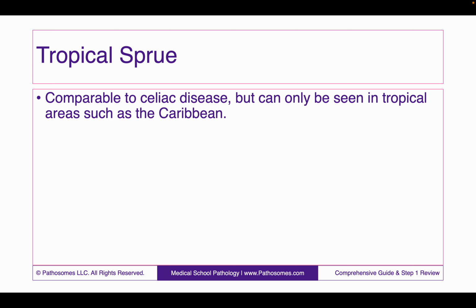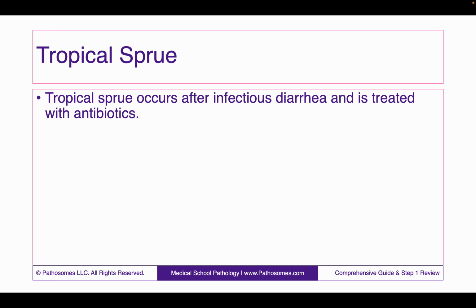Tropical sprue is comparable to celiac disease, but can only be seen for testing purposes in tropical areas such as the Caribbean, okay? Jamaica. Tropical sprue occurs after infectious diarrhea and is treated with antibiotics.